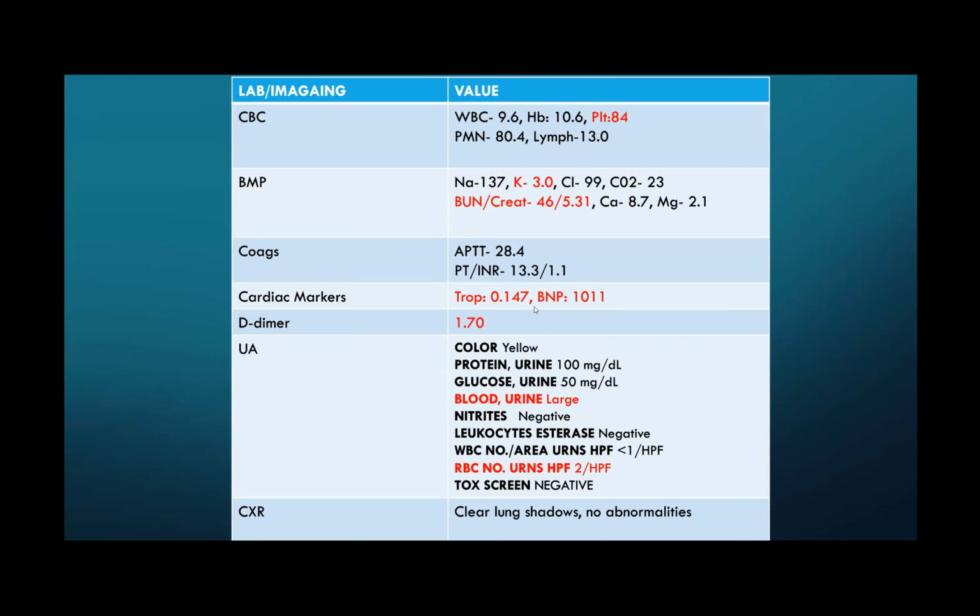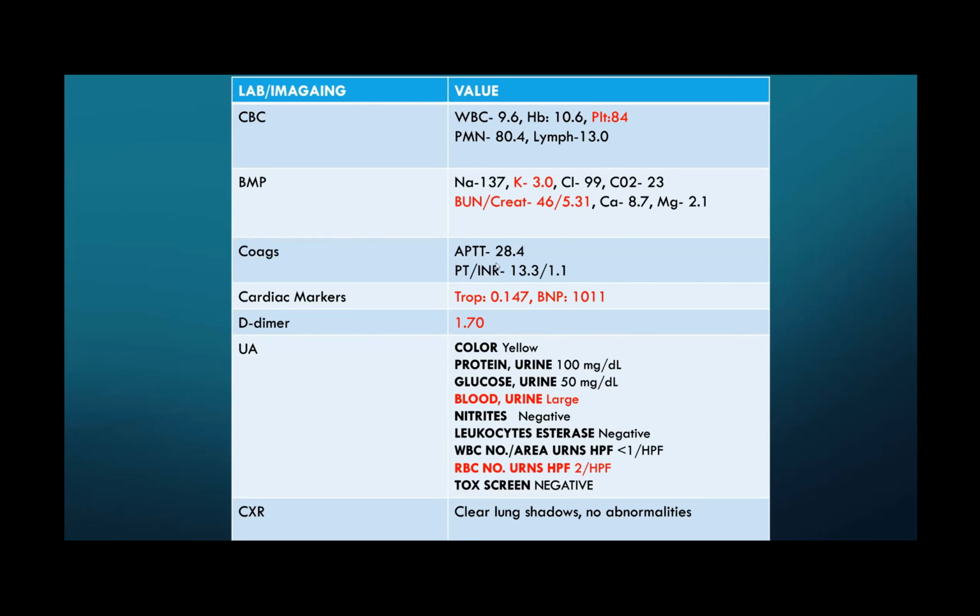So yes, he has elevated cardiac markers. Again, this could just be myocardial injury. We need to corroborate it with an EKG and with the symptoms to see if this is an ACS or not. But more importantly, there's definitely one thing that's standing out. It was also reassuring to know that the tox screen was negative and there was no cocaine. And the chest X-ray showed clear lung shadows and no evidence of congestion or fluid.